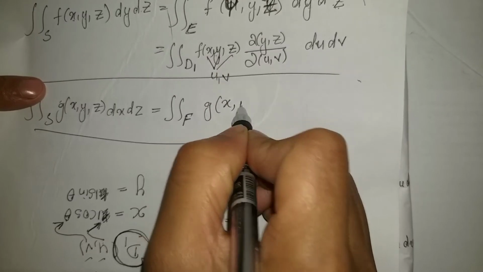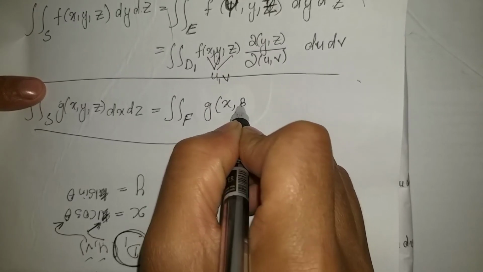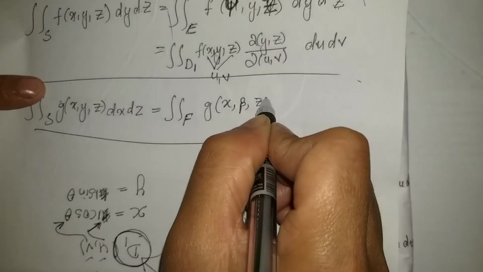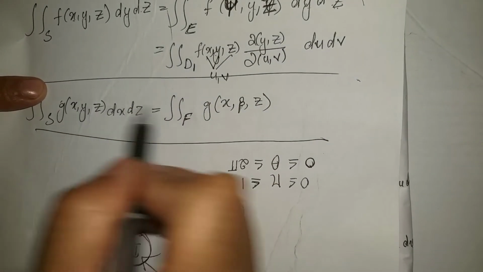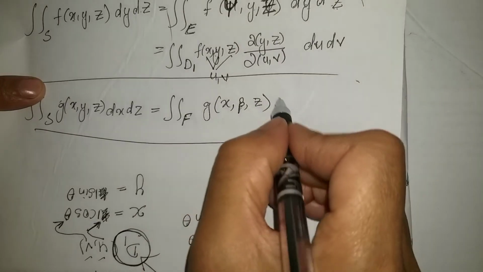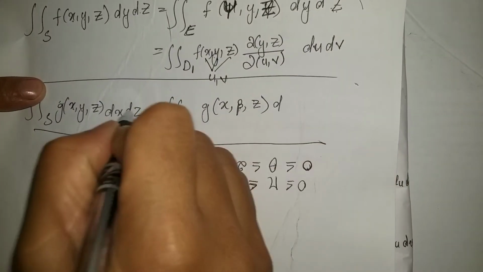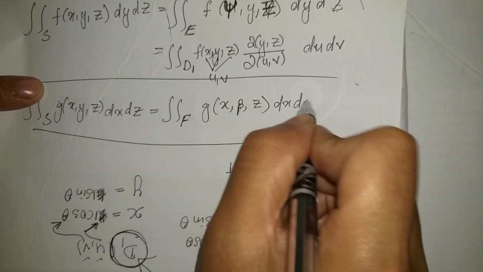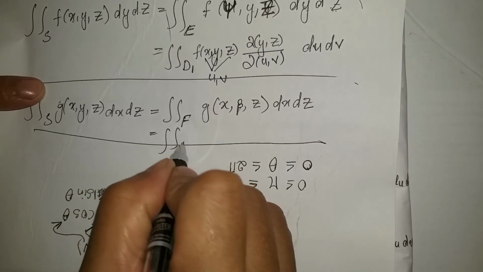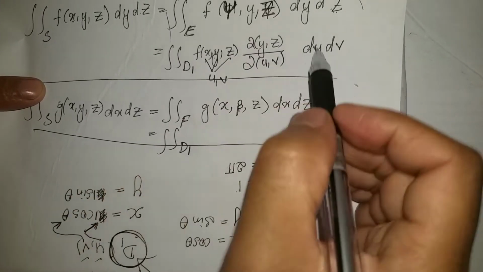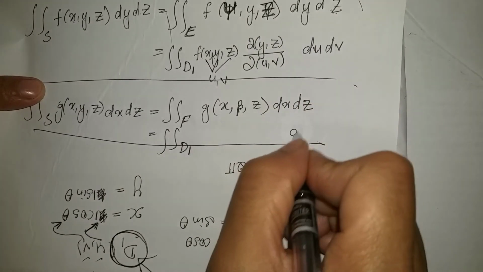Let me write a different function, say beta. This beta is for y. It depends on x and z. dx dz equals, here it will be D1, since I want u and v.